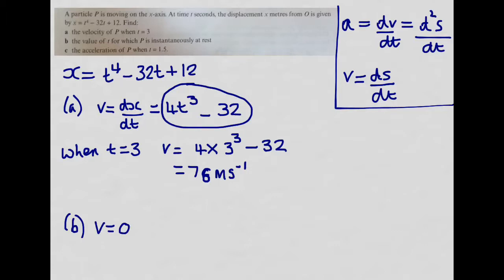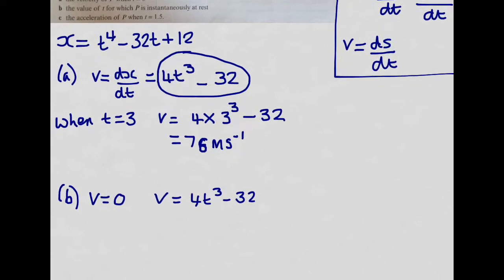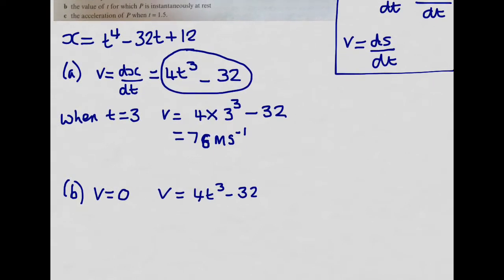So therefore, I'm going to go back and look for my velocity function, which I've worked out in the last part, which is that. And I'm going to then say that that must be equal to 0.